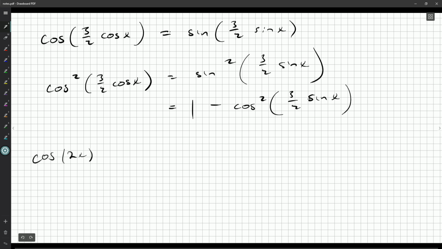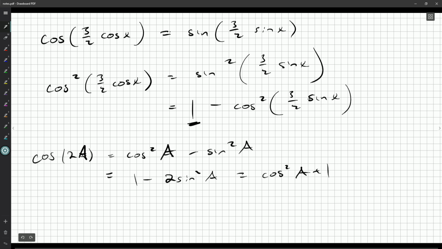Now the cos 2 times something formula is cos squared minus sine squared. But there are other ways to write that, of course. You could say 1 minus 2 sine squared, or 2 cos squared minus 1.